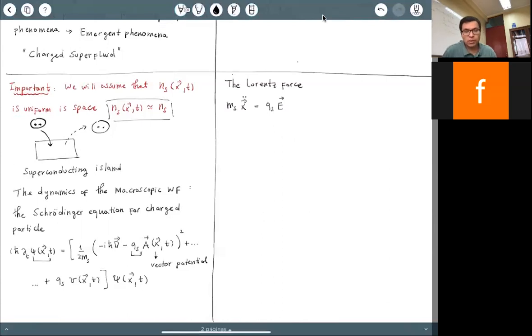One component of the force has to do with the electric field, but also we have v_s, the velocity of the particle, cross, the outer product with the magnetic field B. In the notes that I'll pass later after this lecture, there is an exercise where you can really prove that.